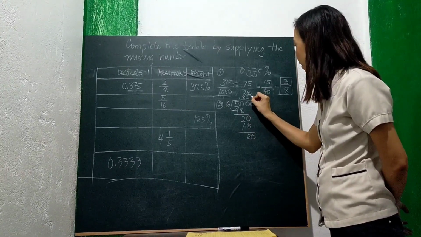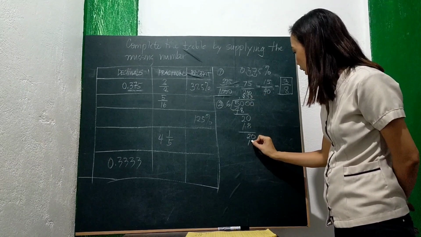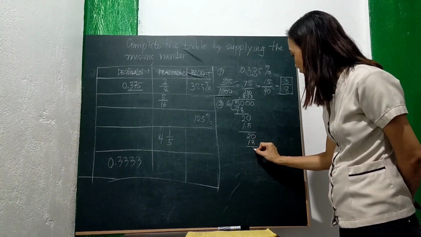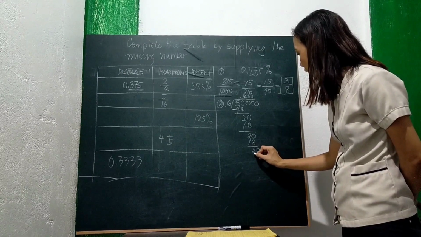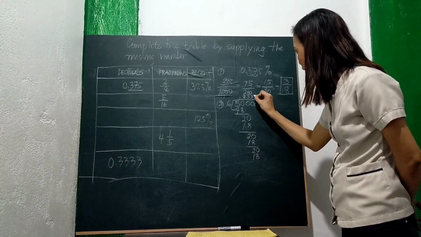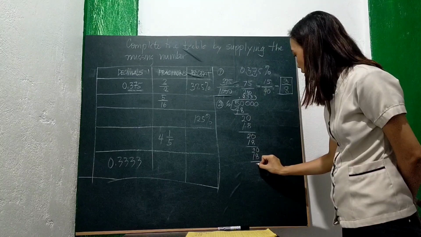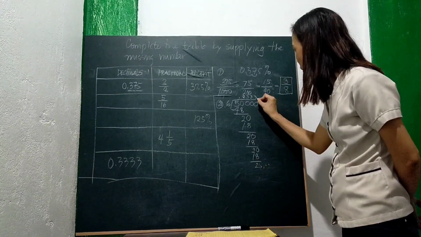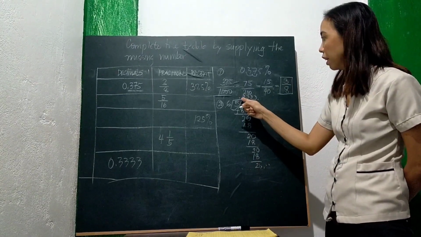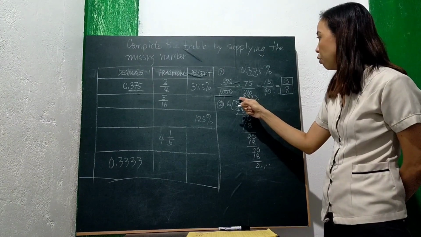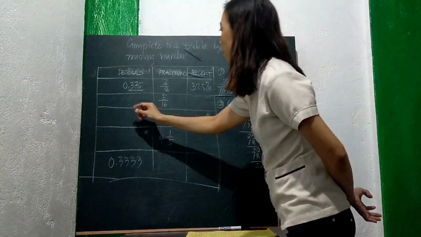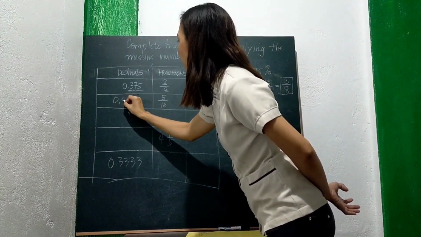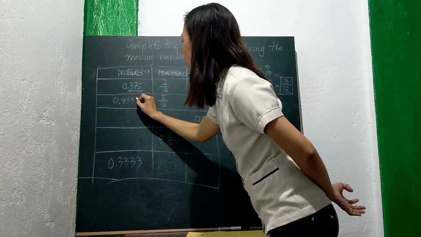So, again, this is 3, 18, 2, add another 0, and so on. So, our answer will be 0.8333. Okay, our decimal will be 0.8333.